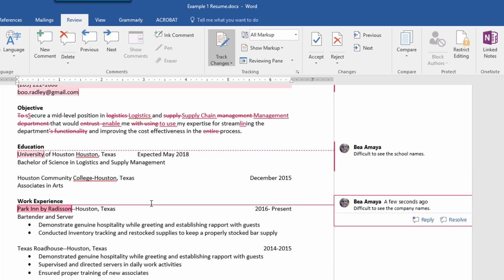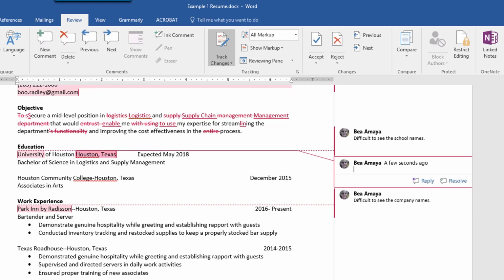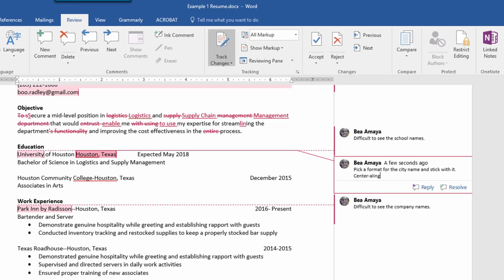and do it under work experience as well. All right, the next thing is this business with the city and state being odd, not working. So my comment here is to pick a format for the city name and stick with it. You can use center align.